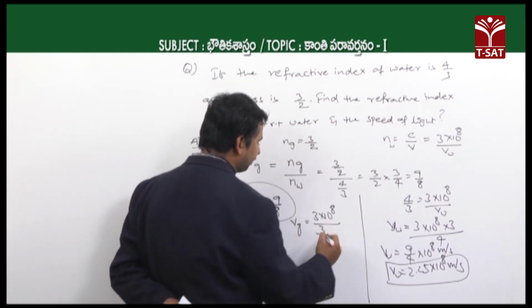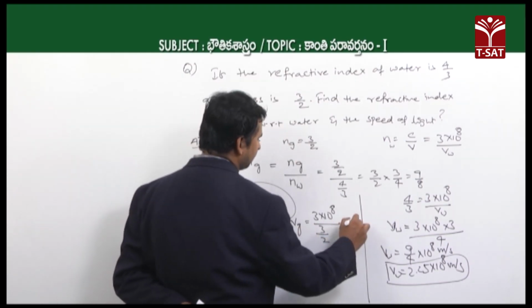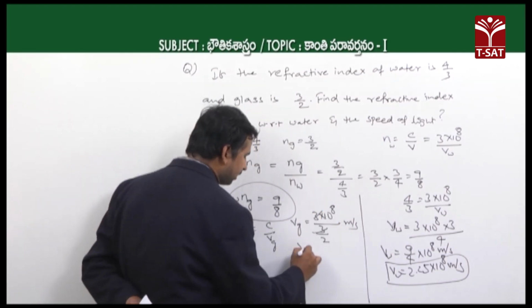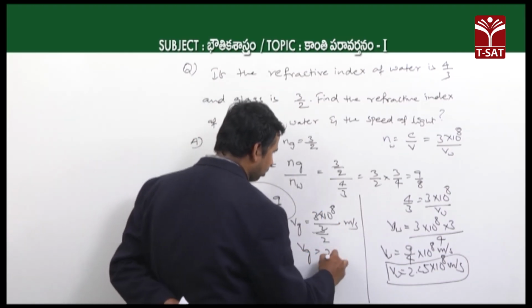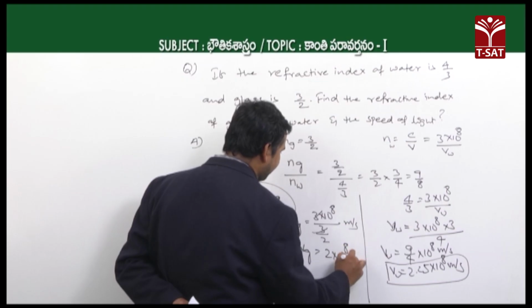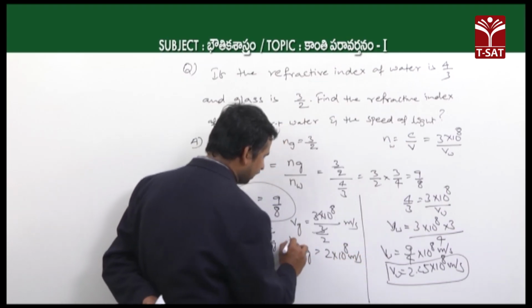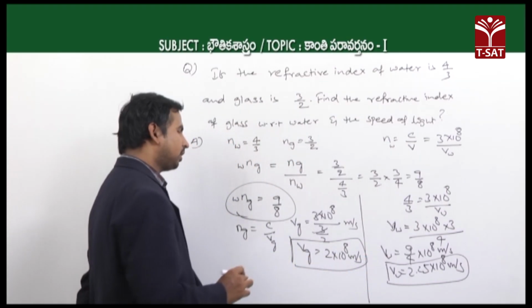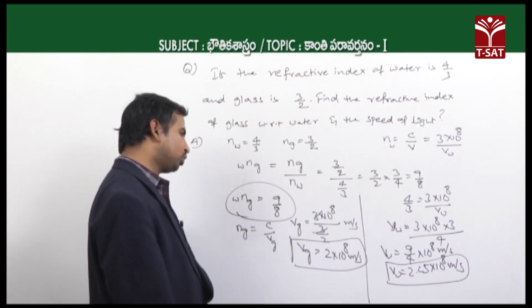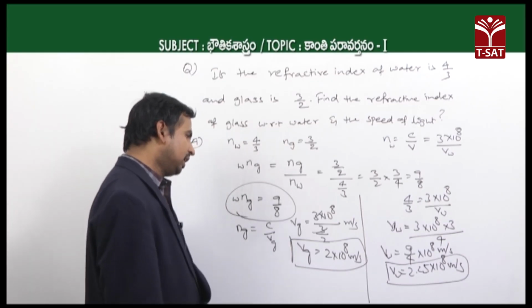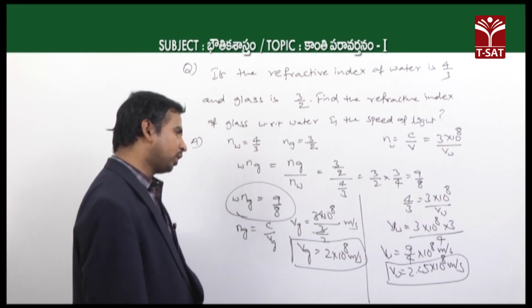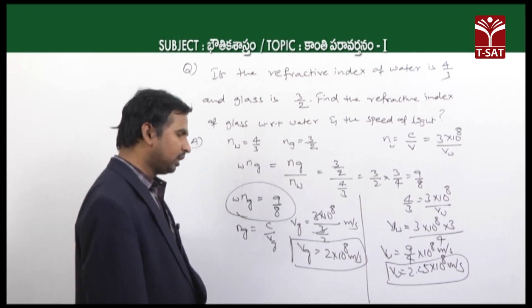The 3 gets cancelled and we get Vg equal to 2 into 10⁸ meter per second. So in this case, the velocity in glass is 2 into 10⁸ meter per second, and the velocity in water is 2.25 into 10⁸ meter per second.